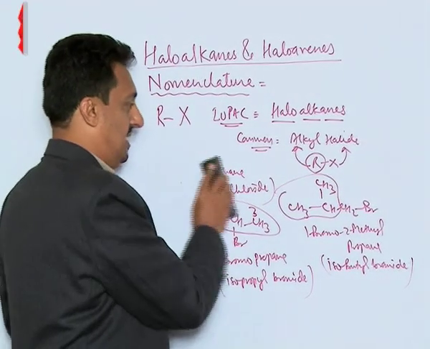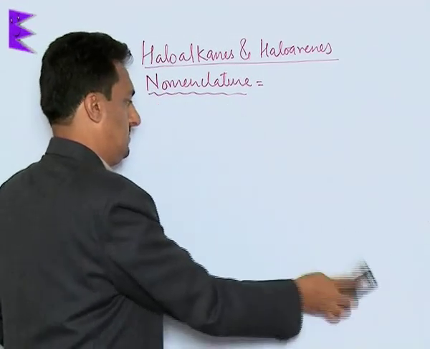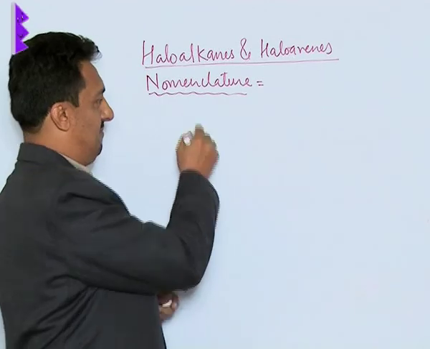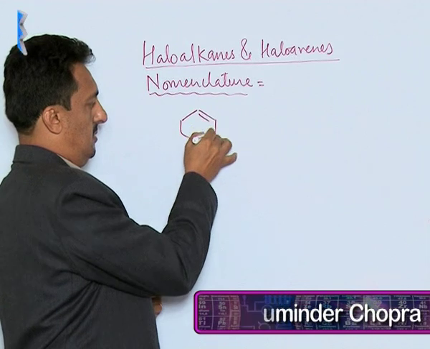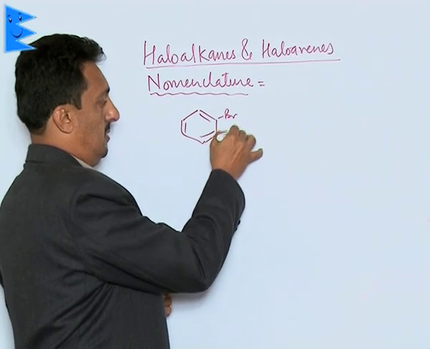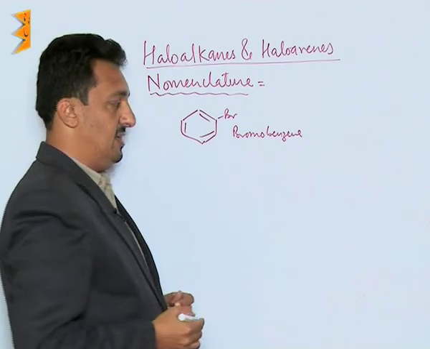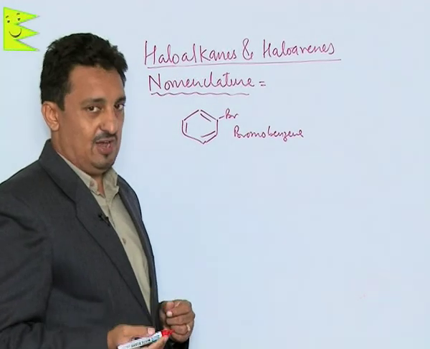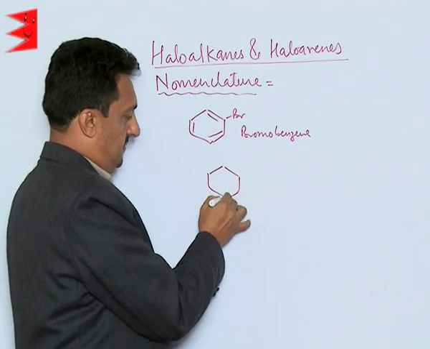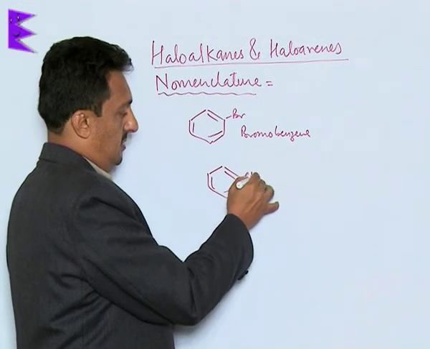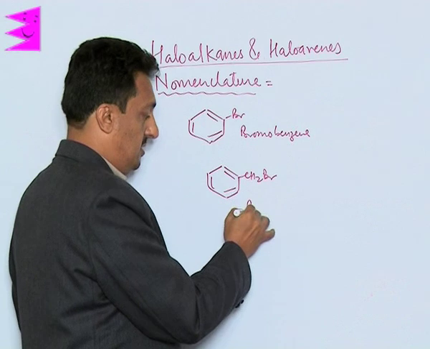Let me take some more examples. Let us take some examples of aryl halides. We call this bromobenzene. If we have a chlorine here, it will be called chlorobenzene. If we have iodine, it's called iodobenzene, and similarly fluorobenzene. But if we have a group like this, remember, it's called what?